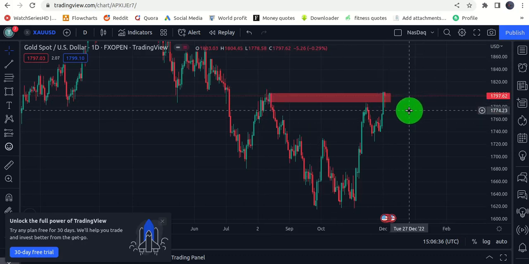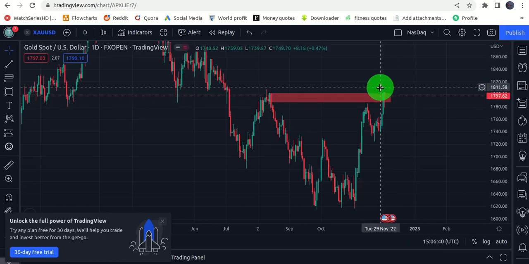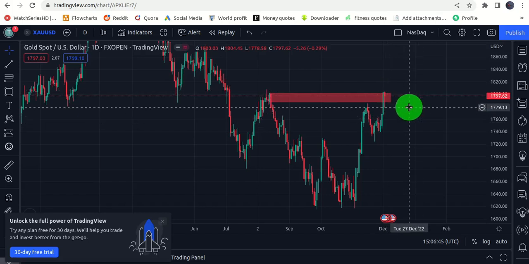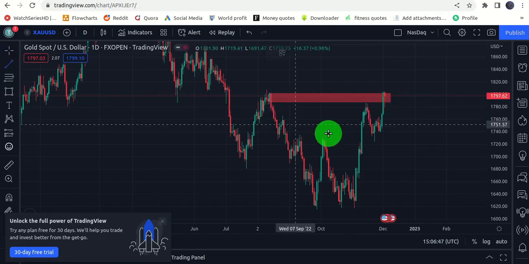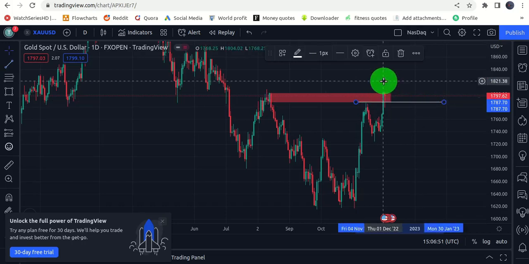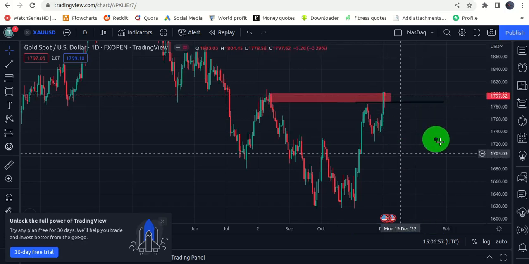So I think I might be selling gold this coming week. I'm going to be selling gold because we had liquidity here which got taken out, so there are no longer sellers, so we should be good for a sell.